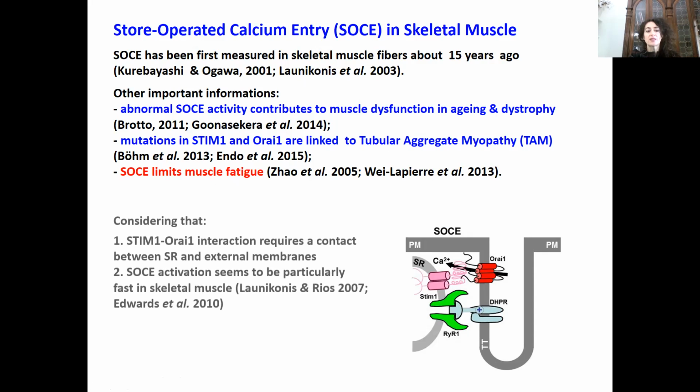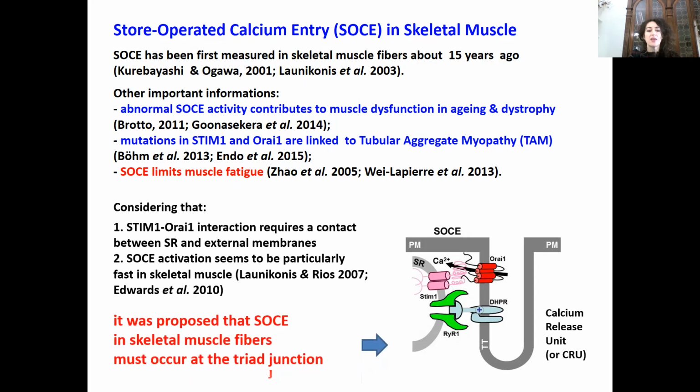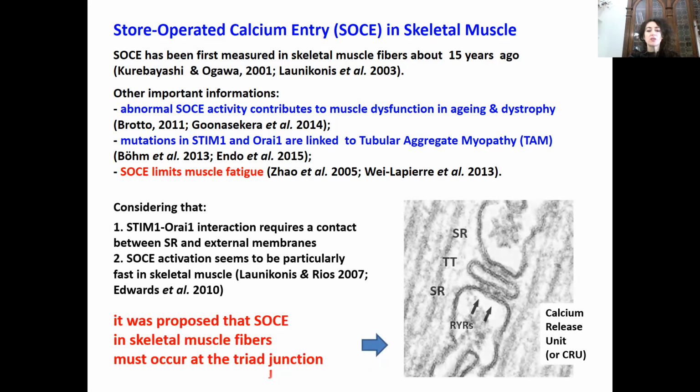For a few years, it has been proposed that SOCE must occur at the same junctions mediating EC coupling, the triad. However, this hypothesis never fully convinced us, and for these reasons, we decided to start looking for the sites of SOCE in skeletal muscle fibers.